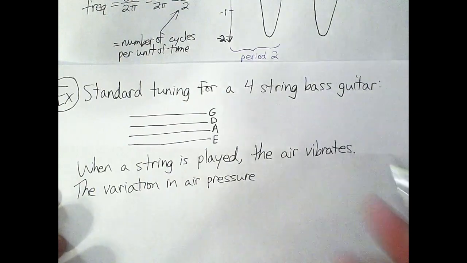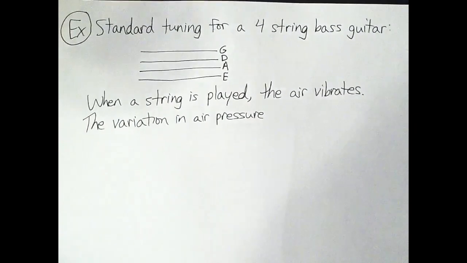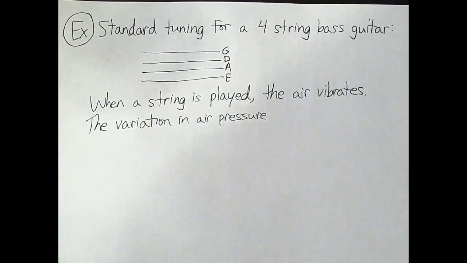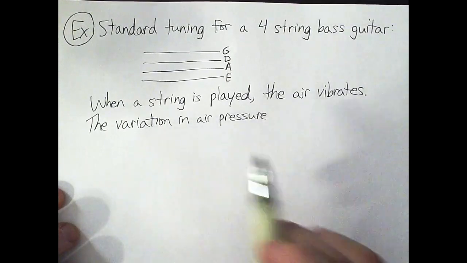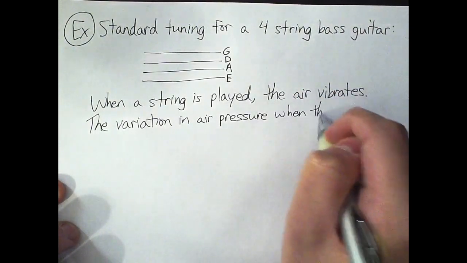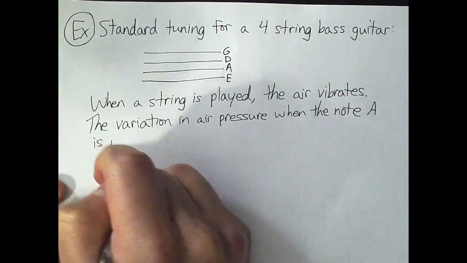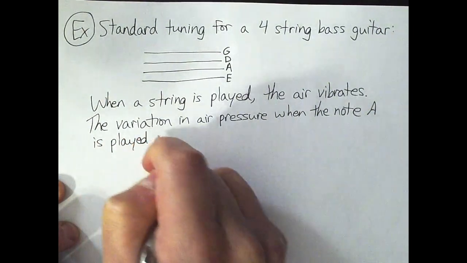You might ask, what does it mean to say that the air vibrates? How do we measure vibrating air? Well, it's actually that the air pressure varies when the note A is played, is given by.